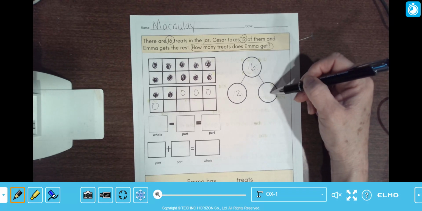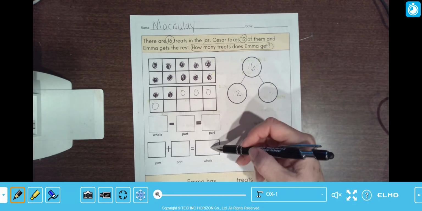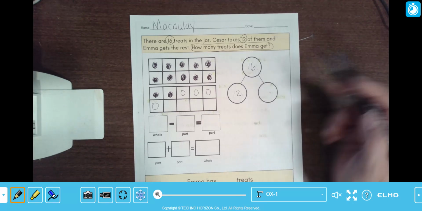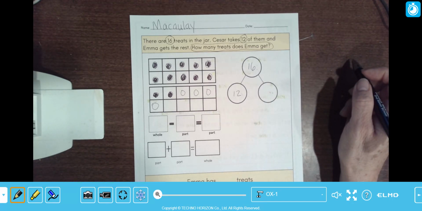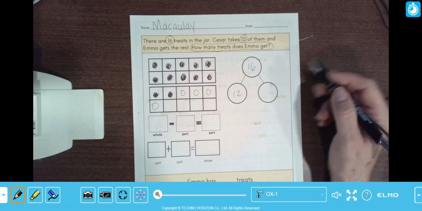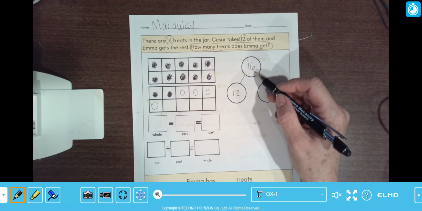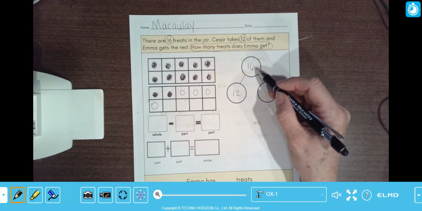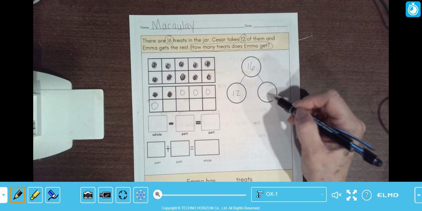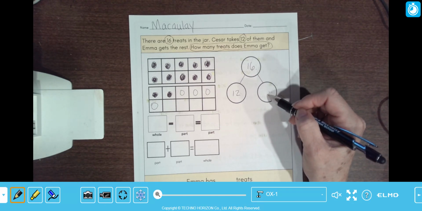So if it's smaller, are you going to add or subtract? Well, if you said subtract, you're right, because the whole number is the biggest number. You can't add more to it. If you add more, it's going to get bigger. You can only get smaller. Parts are smaller than the whole.